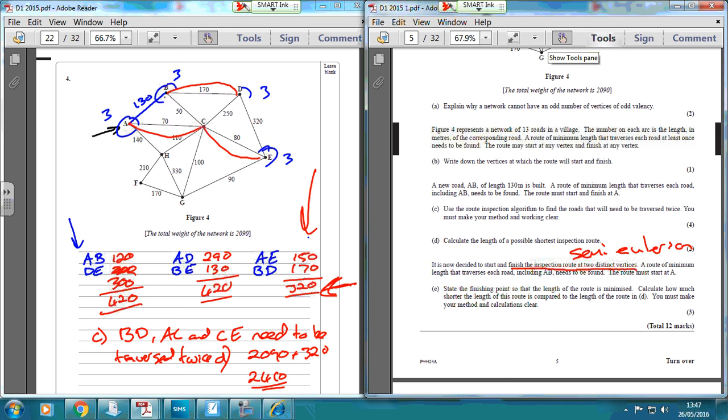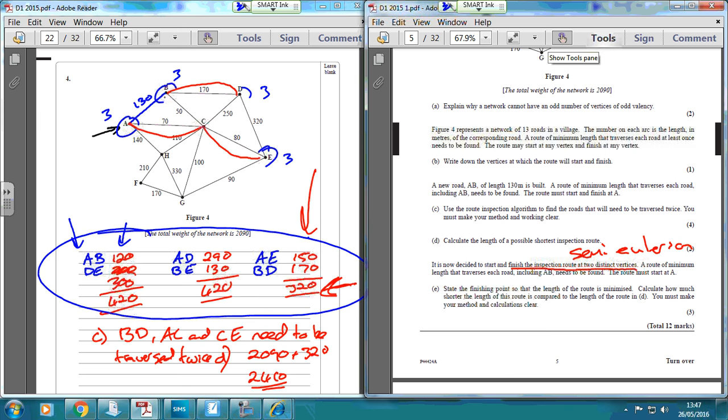So calculate how much shorter the length of this route is compared to the length of the route in D. You must make your method and calculations clear. So if we have a look at our workings for part C, the shortest route between any of these is A to B, which is simply 120.